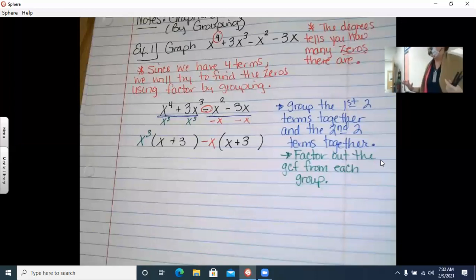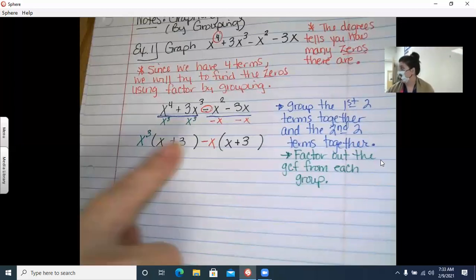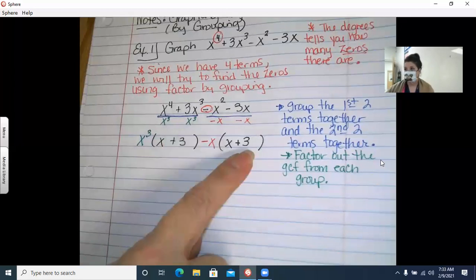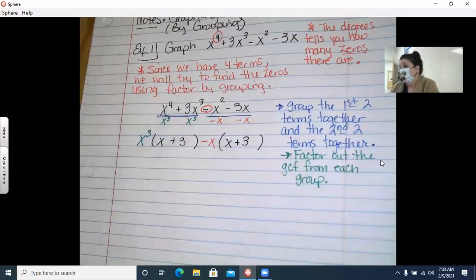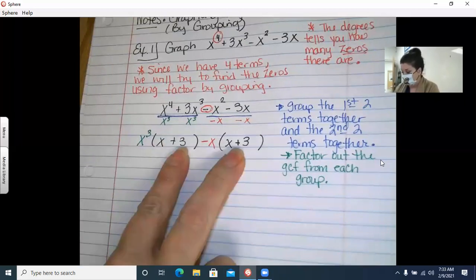If it's not identical, say you forgot to take out a -x and you took out a +x, so these signs were wrong, it's because you took out the wrong sign. So just double check that. But if what's in parentheses is not identical and you did not make any mistakes, then you can't factor by grouping, okay? But if this is exactly the same thing, then you can factor by grouping.